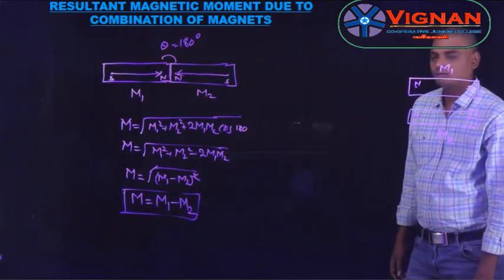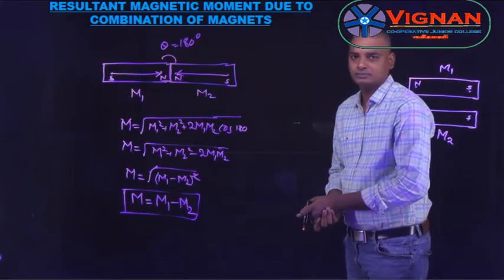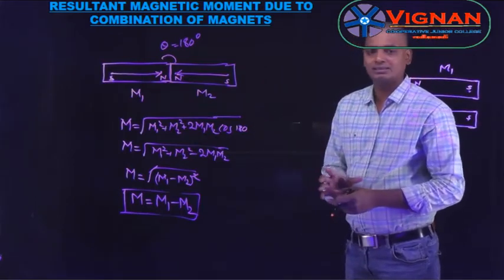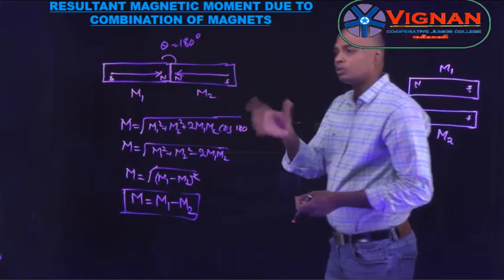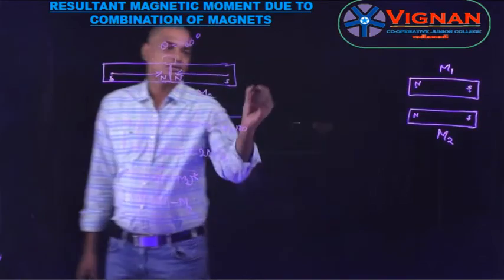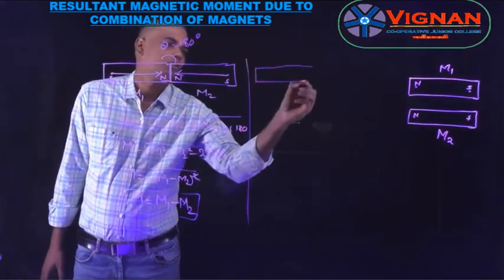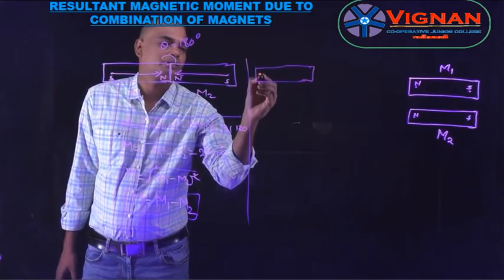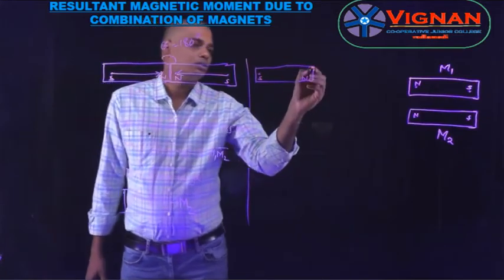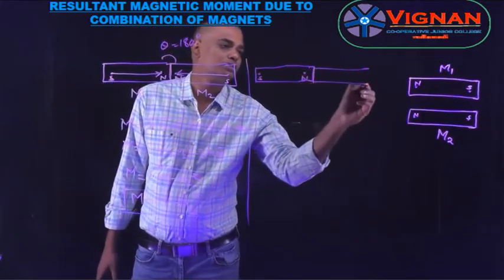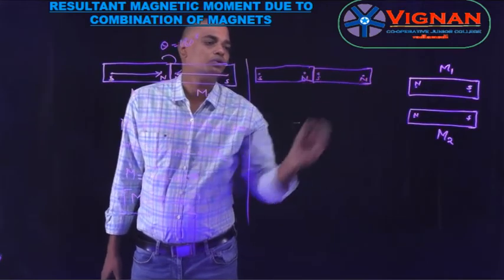Okay. So what is the case if unlike poles touch each other? If the two bar magnets are placed coaxially and two unlike poles are touching each other, the case will be like this. This is the first bar magnet, south pole to north pole, and another magnet placed coaxially with unlike poles, so it is south pole and it is north pole.